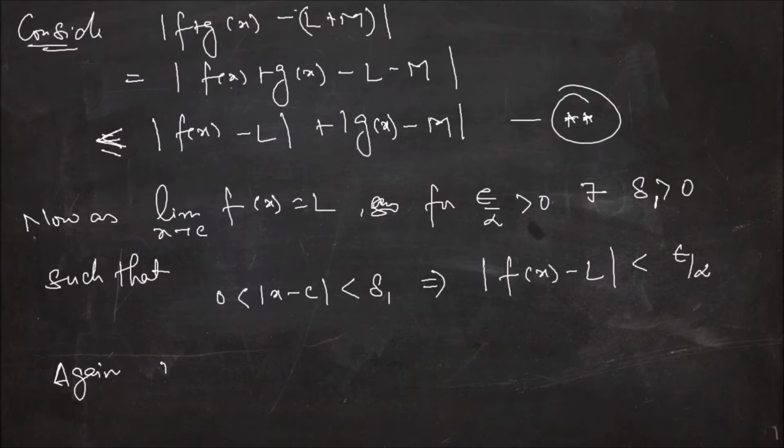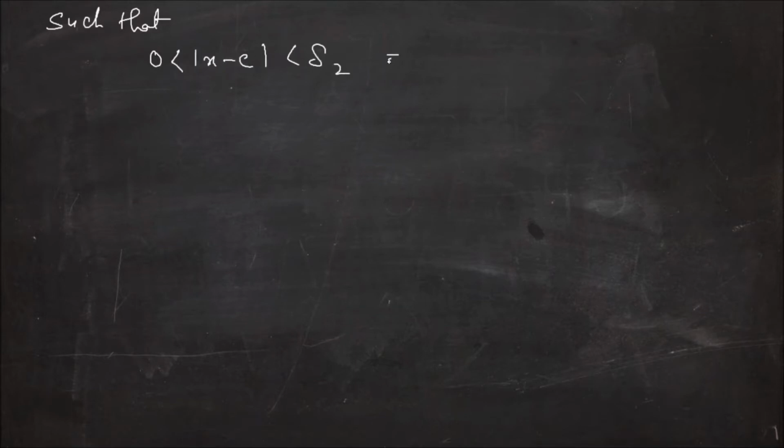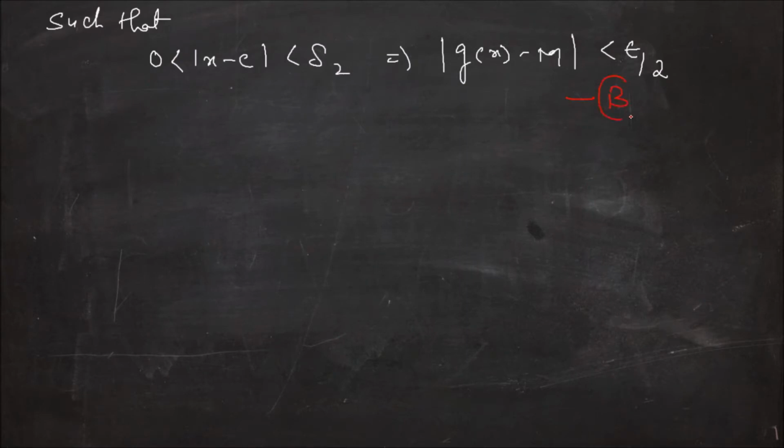Again, as limit x tends to c of g(x) is equal to M, for epsilon by 2 greater than 0 there exists delta 2 greater than 0 such that 0 less than mod x minus c less than delta 2 implies mod g(x) minus M is less than epsilon by 2. Let me mark these as A and B.